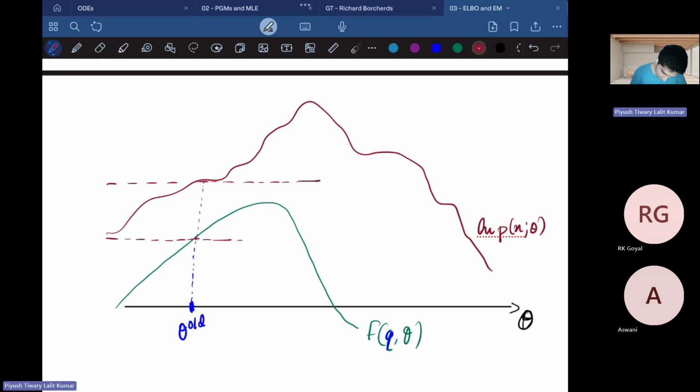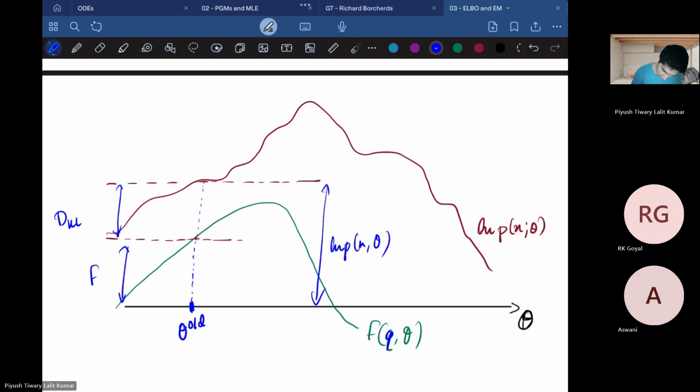This is your f, this is your ln p of x given theta, and this is your remaining thing. This thing is your DKL, the KL divergence. Is this clear? So at this particular theta, this is how the picture will look for a particular q.